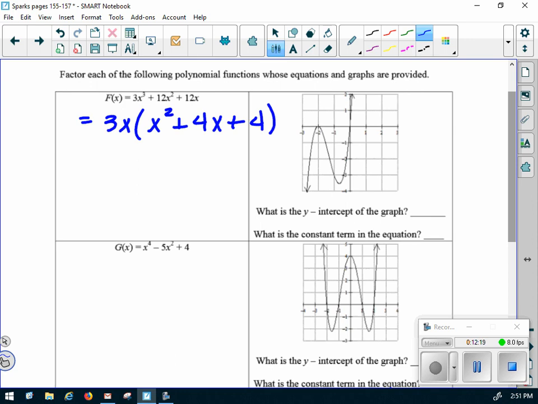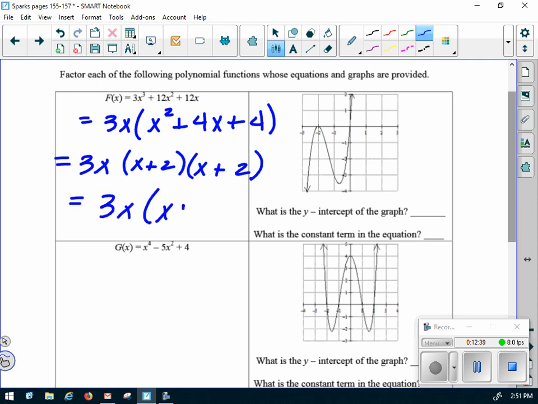What will factor? That x squared plus 4x plus 4 will factor. How? I can rewrite it how? X plus 2, and we're going to call that quantity squared because you got a binomial that you're squaring.